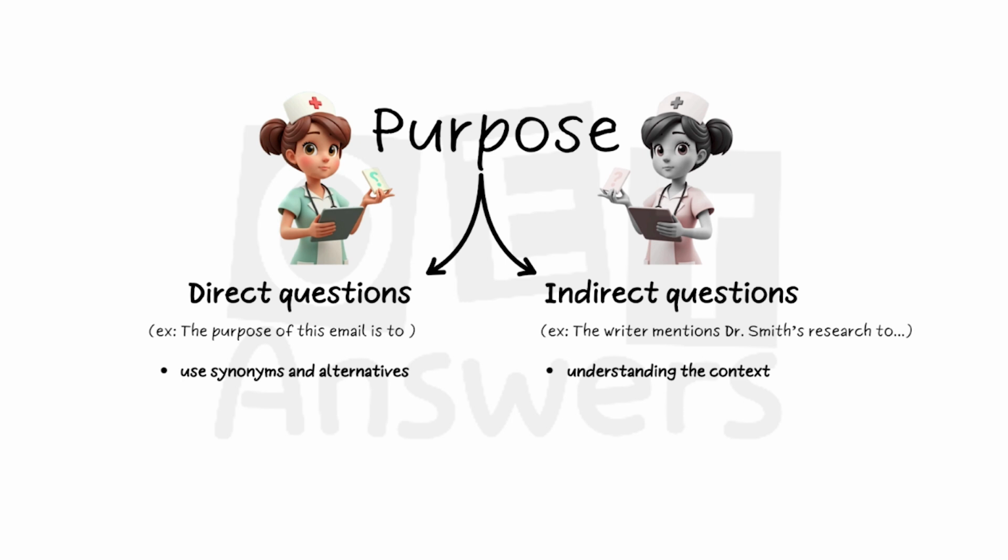In indirect questions, instead of purpose, we may see objective, intention, aim. Only the phrase like 'regarding hand hygiene is to' informs us. Is to means why they have mentioned the hand hygiene word, why they have mentioned Smith's research here; some purpose would be there. That is the reason they have mentioned it. This is the difference between direct and indirect questions.